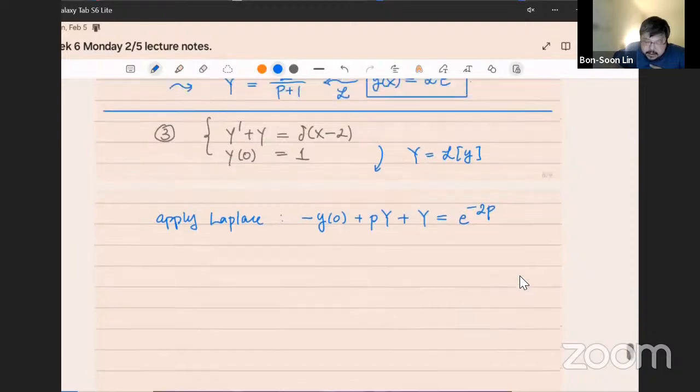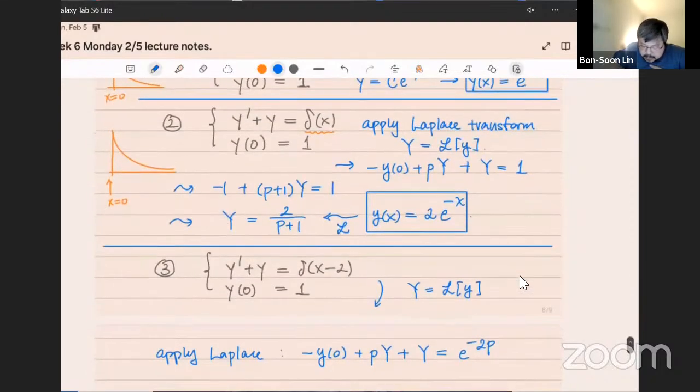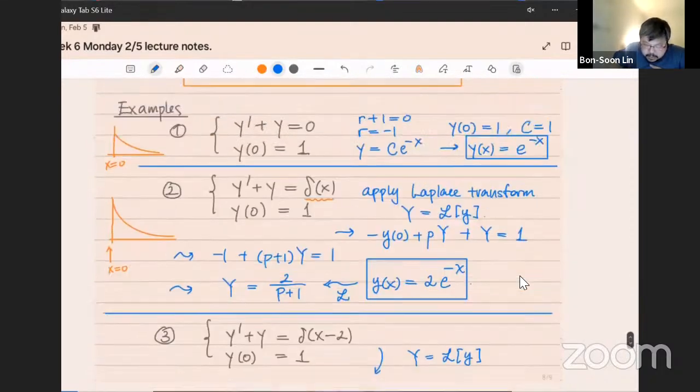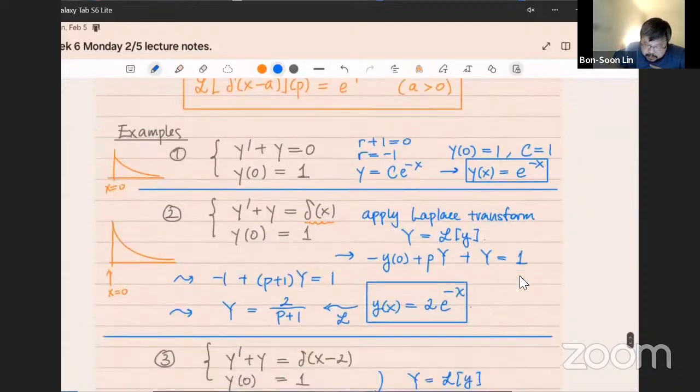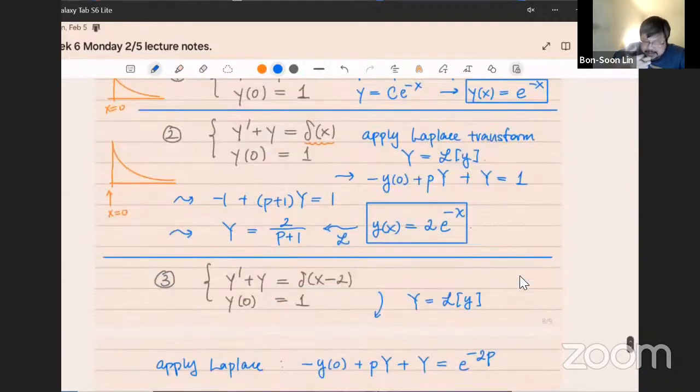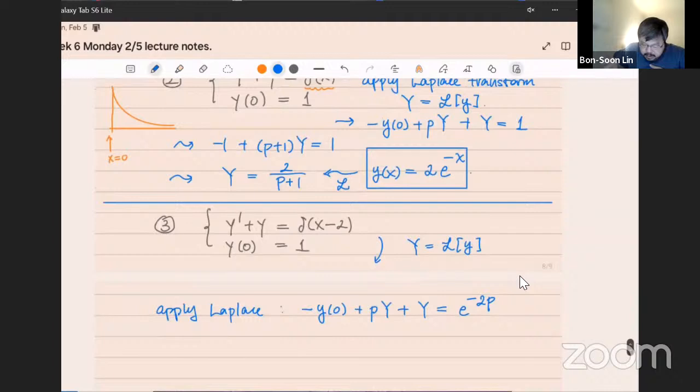Okay. And this also clarifies why we only care about a being greater than 0, because we really only care about this impulse being injected into the system at some positive time after t equals 0. Okay, so let's solve for this.